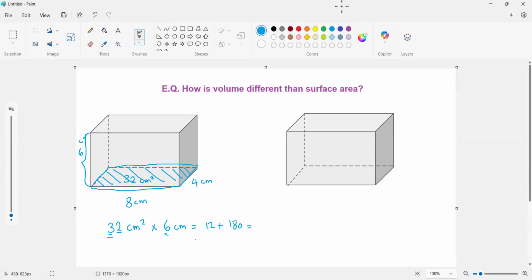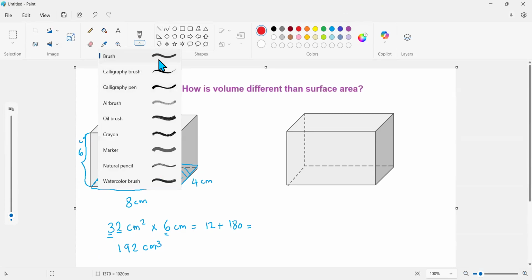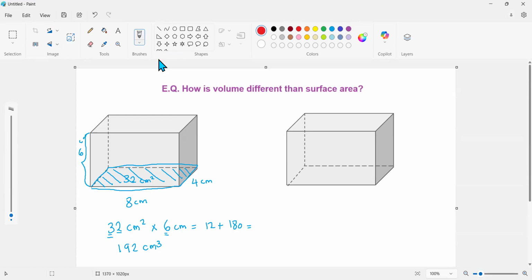So that means the volume of this form is 192 centimeters cubed. It is cubed because we took the three dimensions of this form.